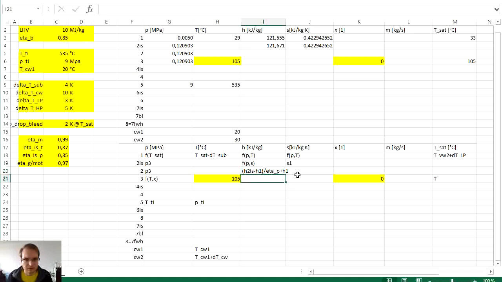So it looks like this, and here in numbers it's H2IS minus H1 divided by the efficiency of the pump plus enthalpy at point 1.